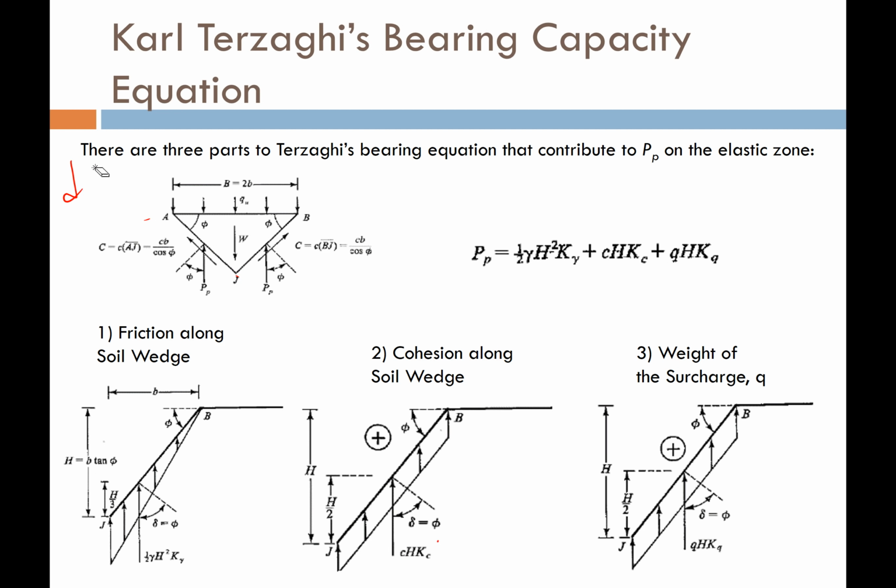So because of that, the weight of the surcharge also provides a resistance to the downward movement of the elastic zone. And that is also going to be a constant stress with depth.